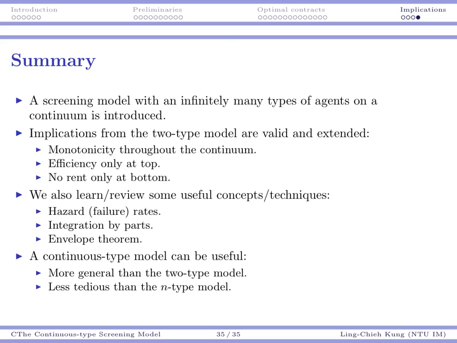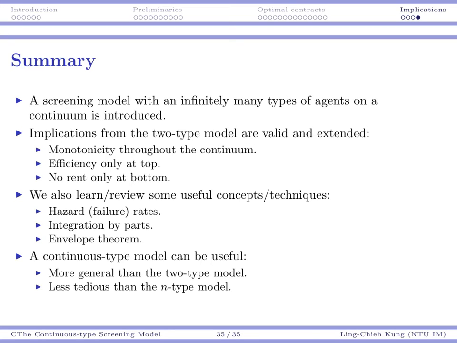Throughout this lecture, we also took this chance to learn or review some useful concepts and techniques, like hazard rate, integration by parts, and the envelope theorem. Okay, they are also useful things that will be used in the future if you continue the research direction in this way.